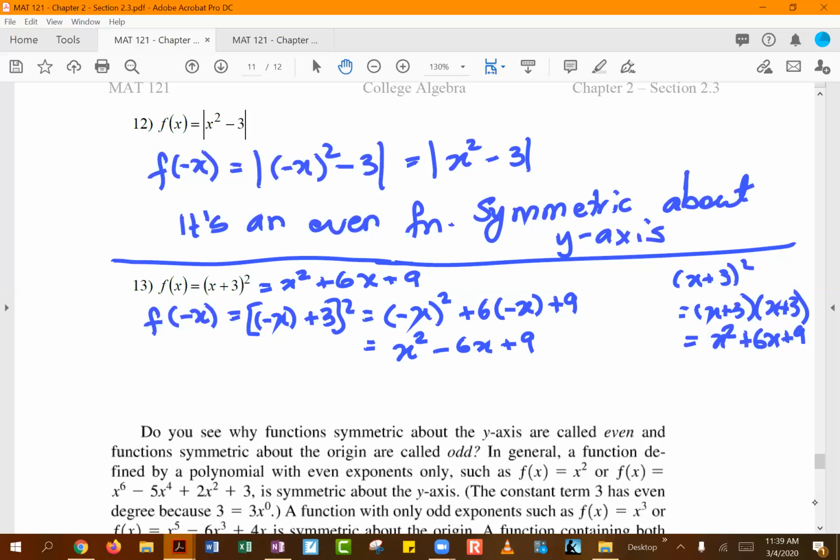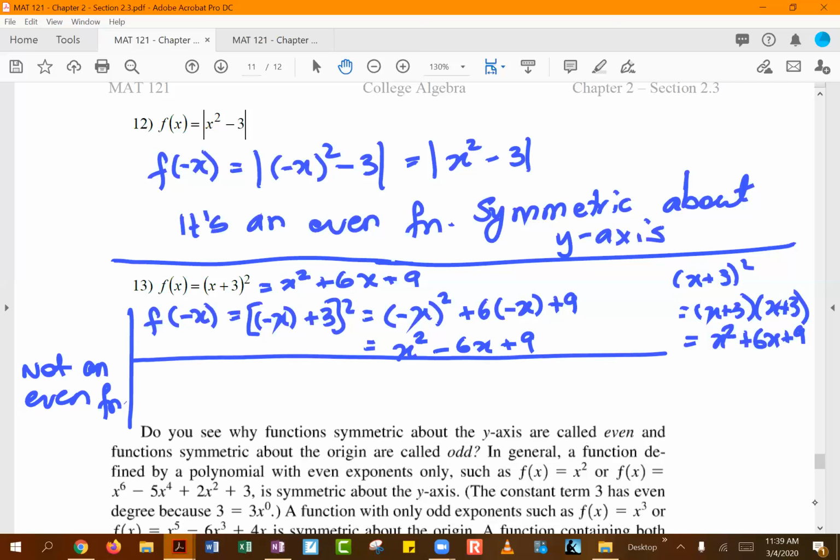So did we come back to the original? No. So it's not an even function. Now to check and see if it's an odd function, you take your original and put a negative in front of it. I'm going to show that, using the FOIL version.